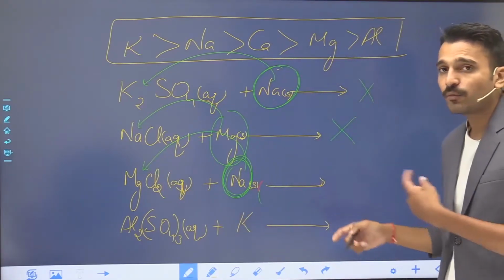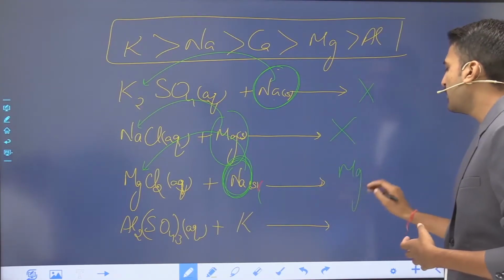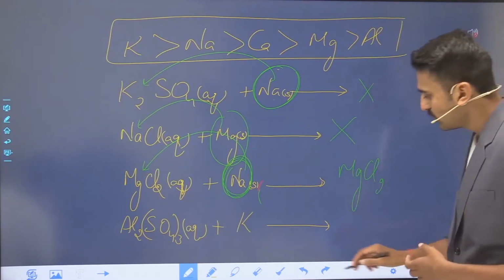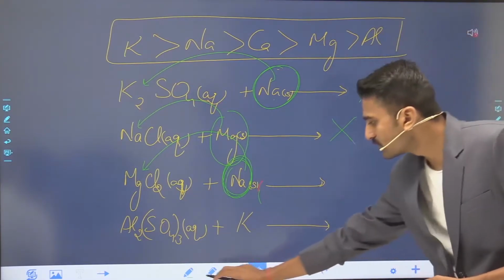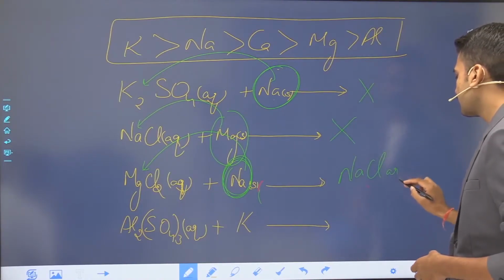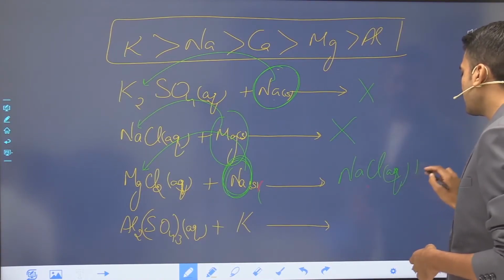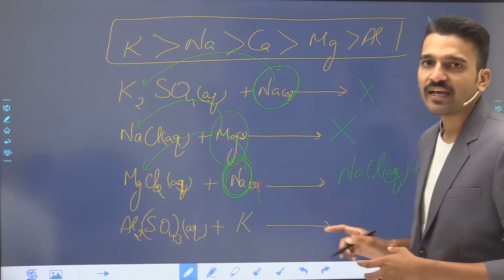So this reaction will proceed, and the products are NaCl, and the magnesium is displaced in the solid form.